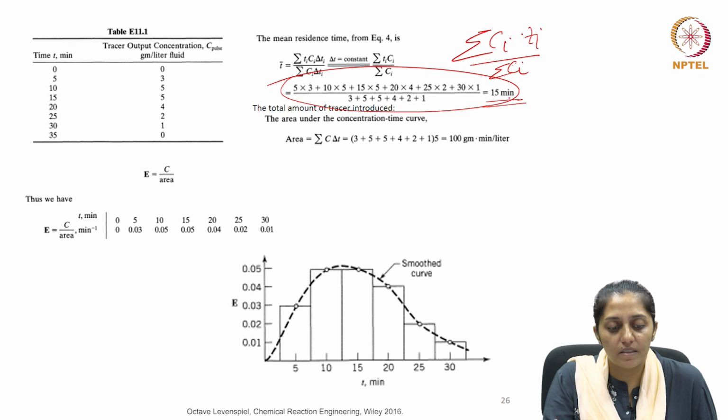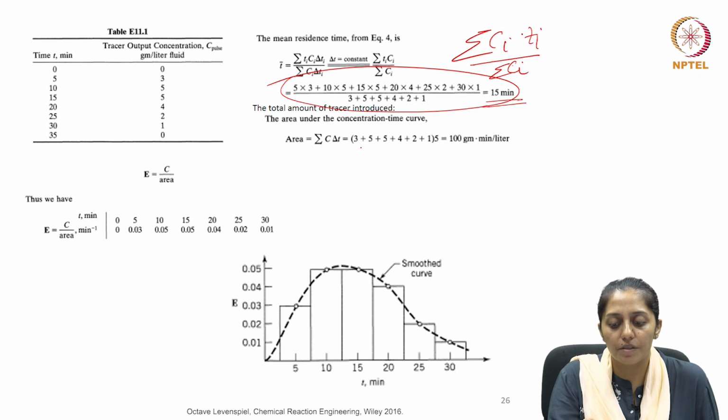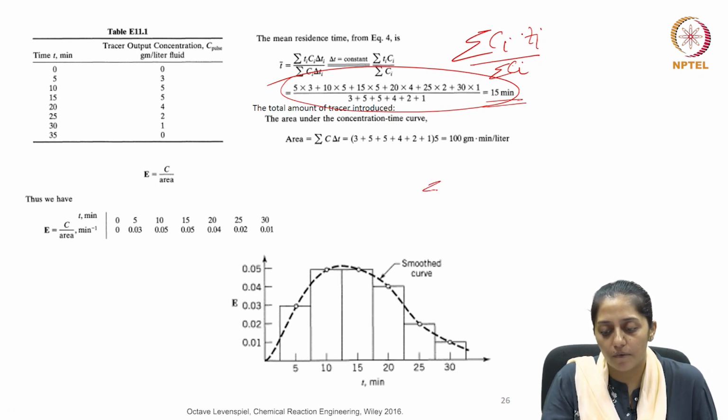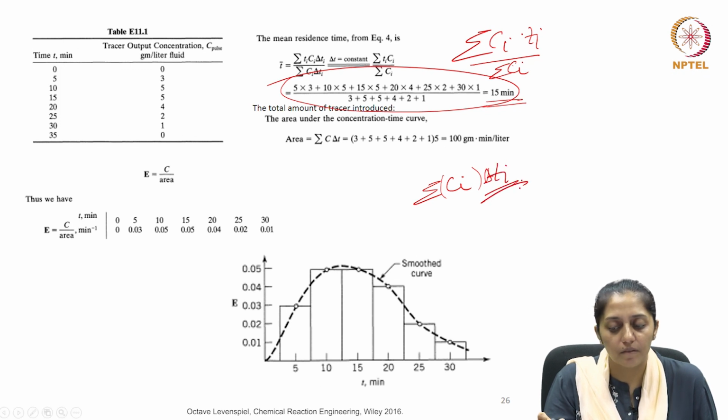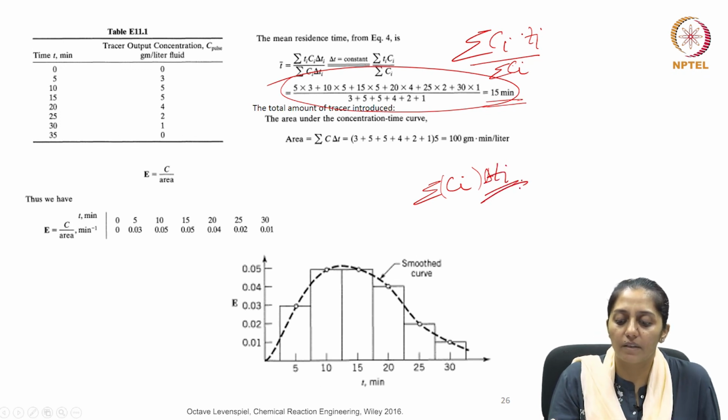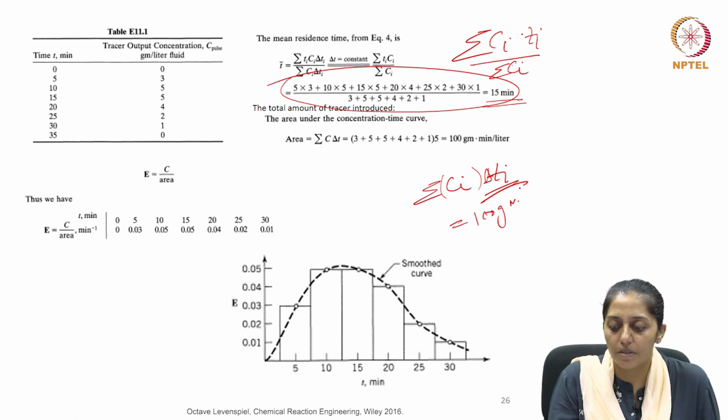If the mean residence time is 15 minutes, the area under the concentration time curve can be given as the addition of all concentrations multiplied by delta t i, which is 5 minutes. So then we calculate the area as 100 grams per liter minutes.